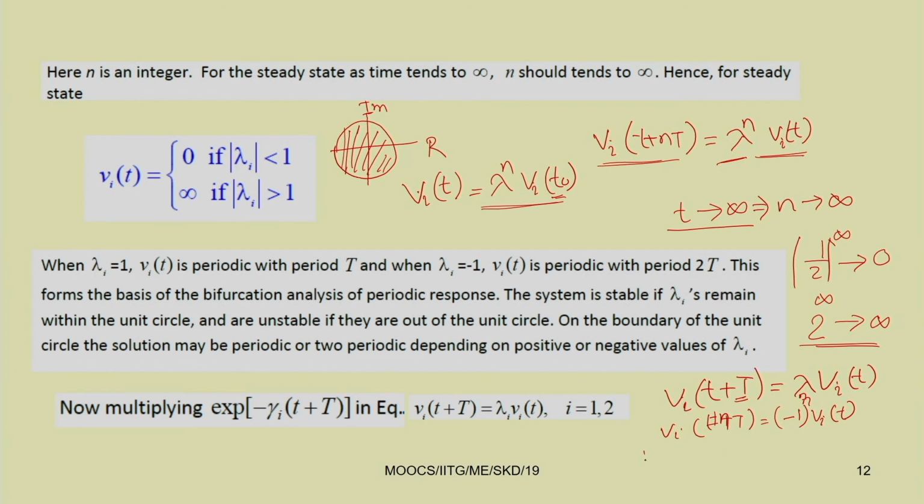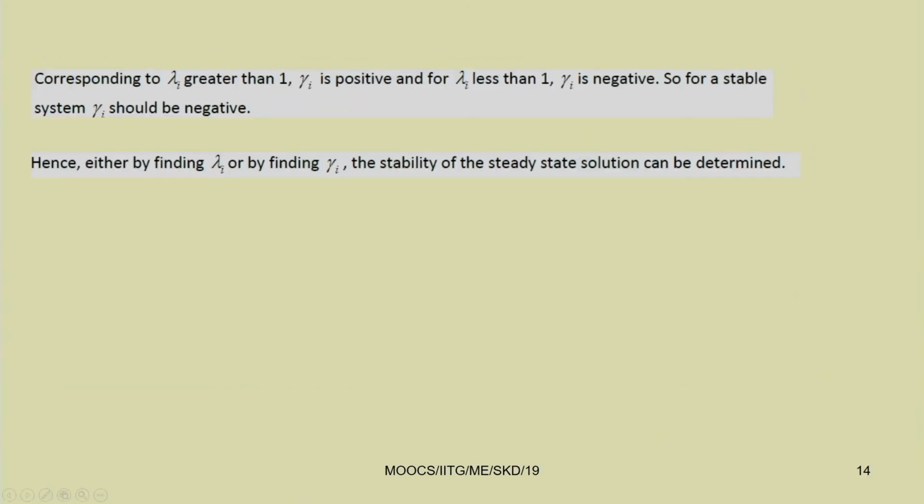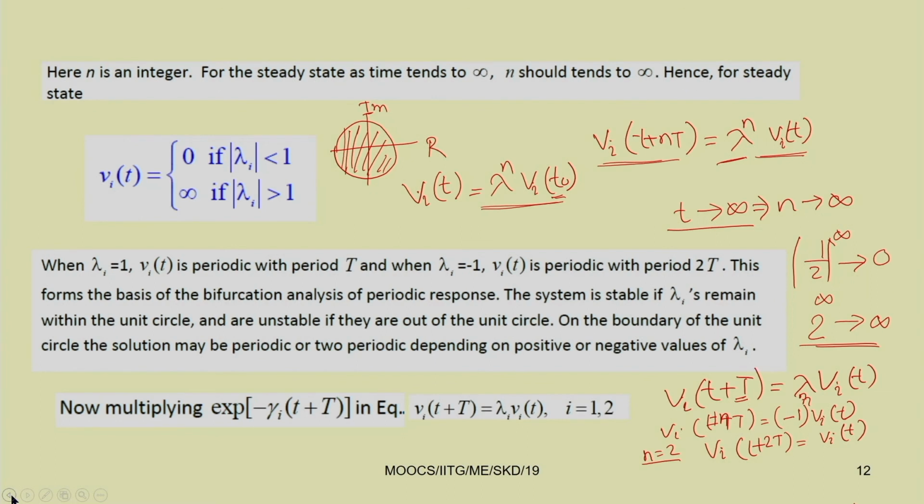So, for n equal to 2, V_i(t + 2T) will be equal to V_i(t). That is why, if λ_i equals minus 1, then V_i is periodic with period 2T.